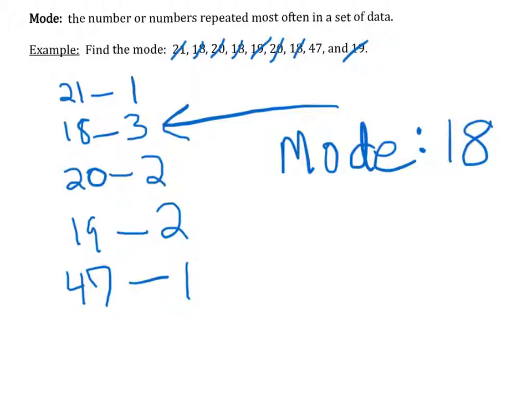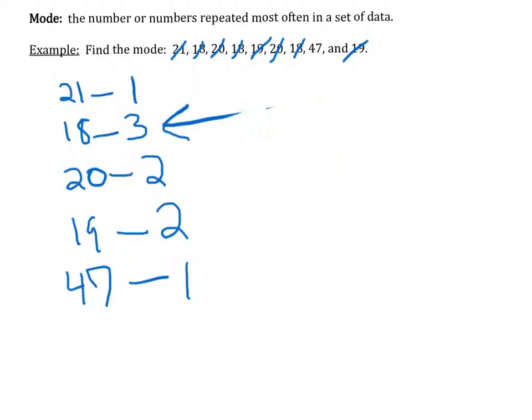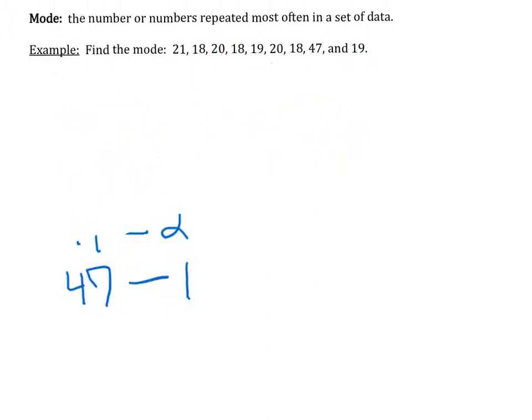Let's do a different problem where I take out one of the 18s permanently. It's just not in my data set anymore. Now I have this new data set, and I want to find the mode.